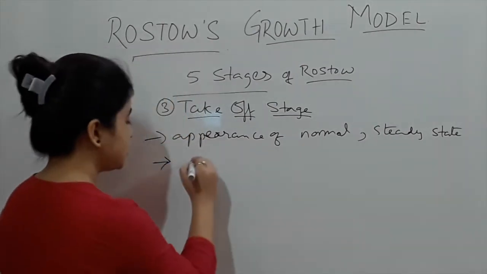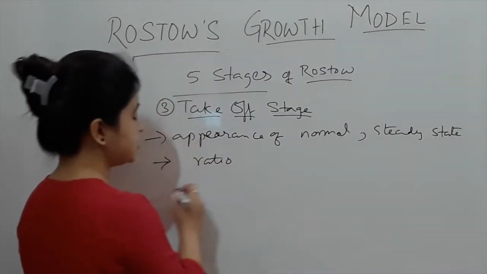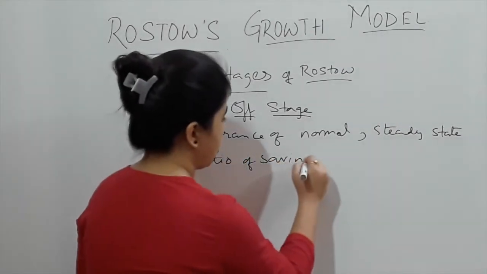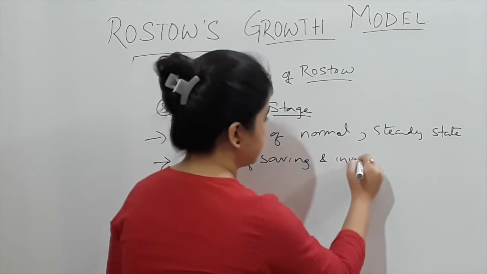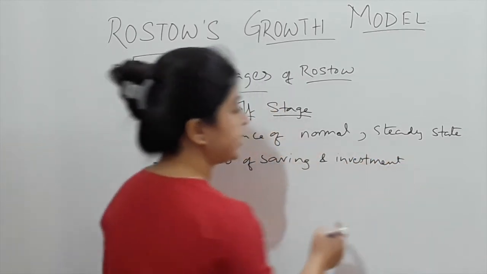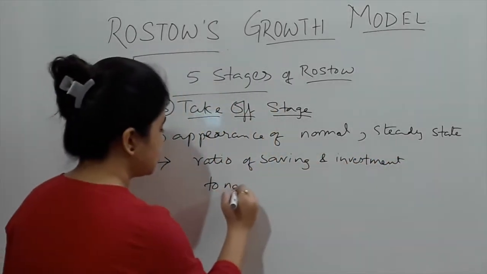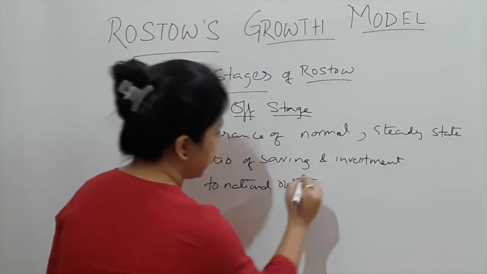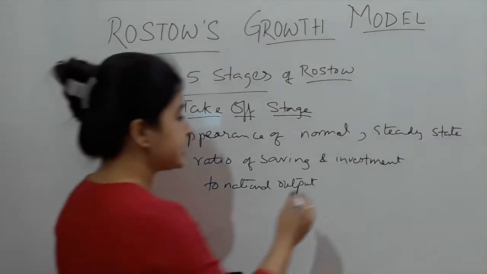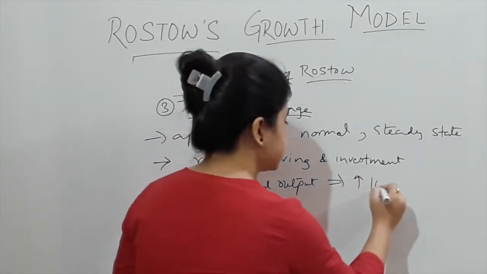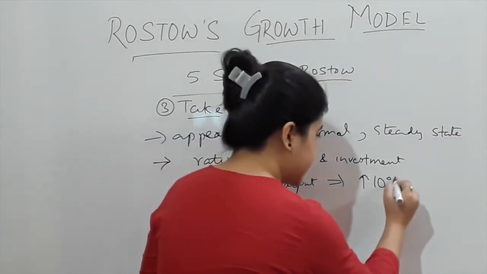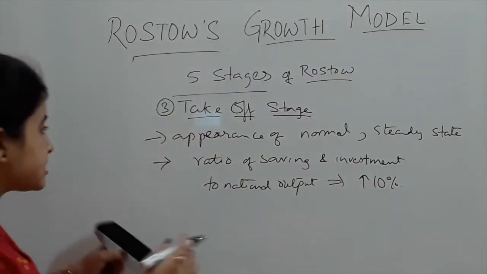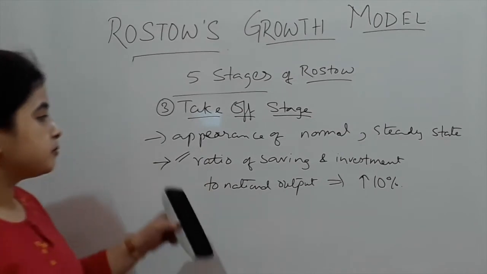Okay, so the next characteristic is the ratio of saving and investment to the national output. This has to increase to at least 10% in this stage. This is a very important criterion.